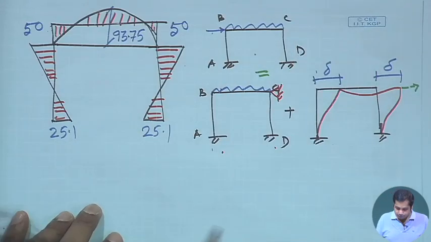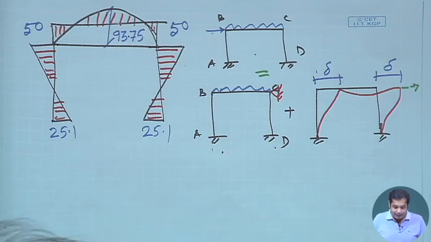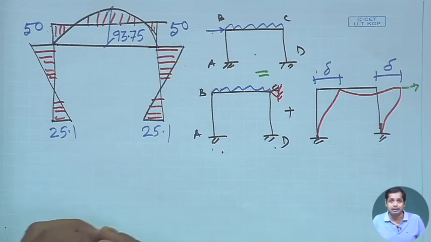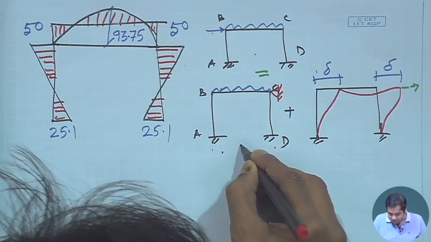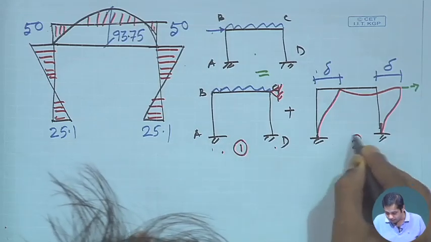Okay. Now, yesterday there is a small difference between the problem that we considered yesterday and sub problem 1. This is, say, sub problem 1, and this is sub problem 2.